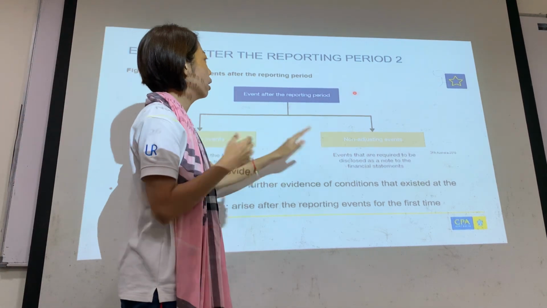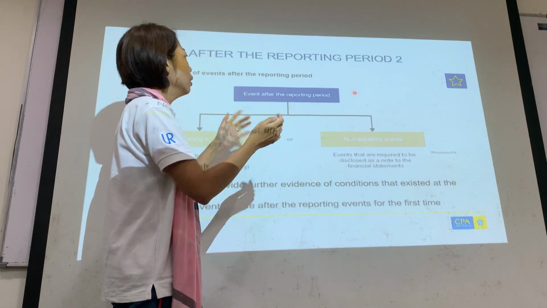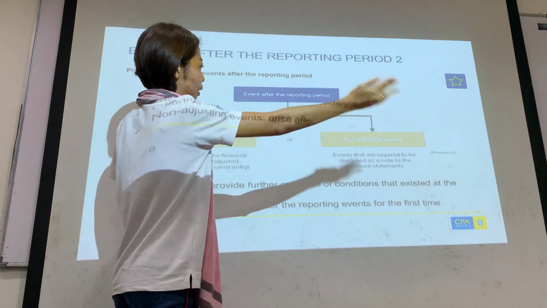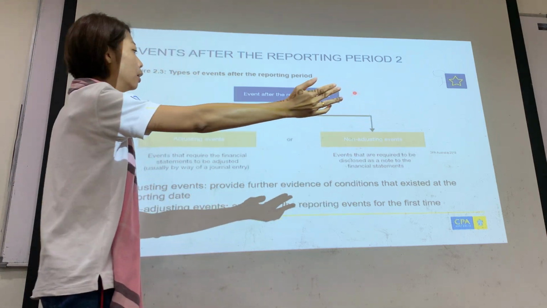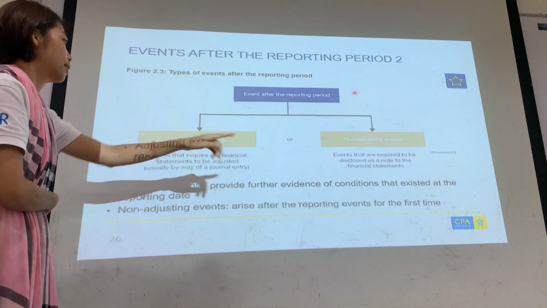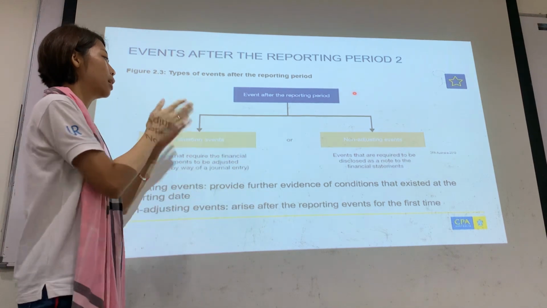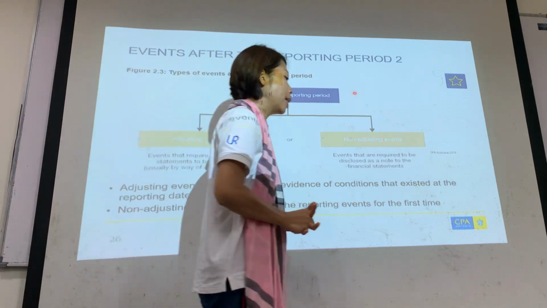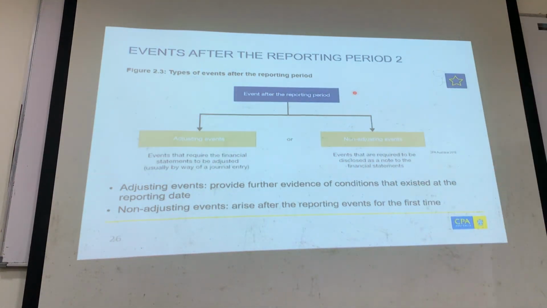Now, the non-adjusting event. The event happened in between the last day of the financial year and the authorization date. However, it is only an indication of a condition. It is happening for the first time. It is not sitting in your balance sheet. So what is an example? For example, in August, suddenly one customer is very angry and sues you in court.